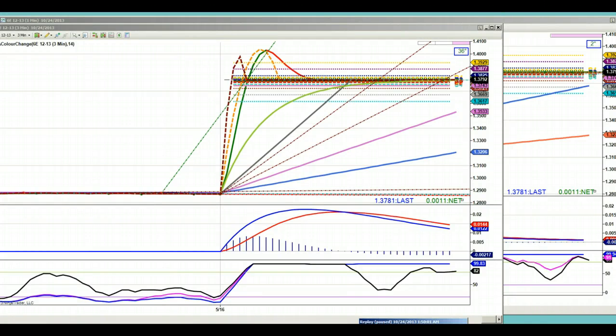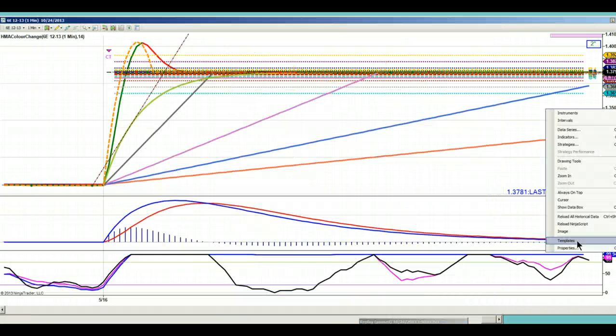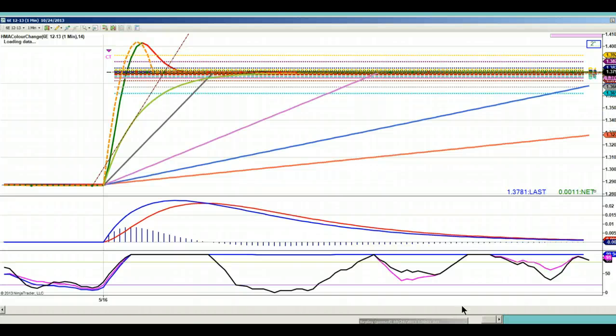Huh. Just bear with me 1 second. Quickly try to fix the chart here.